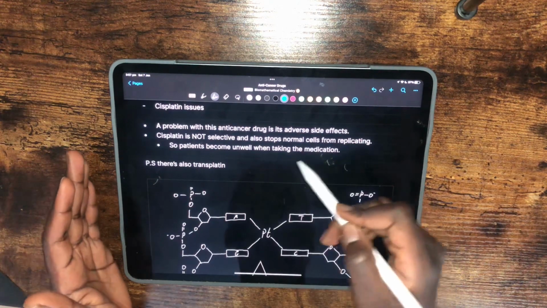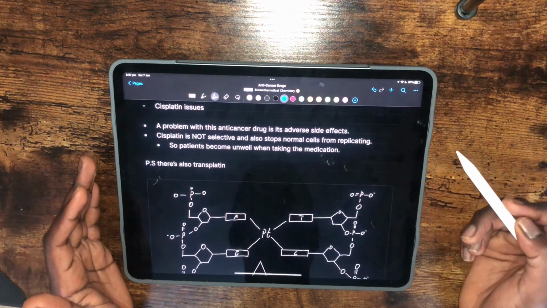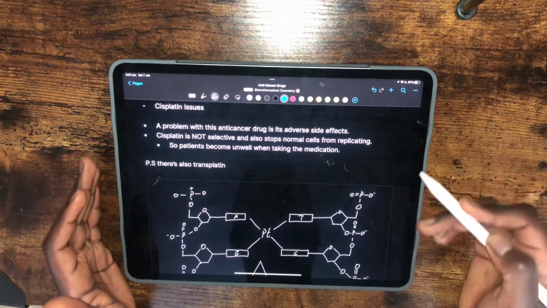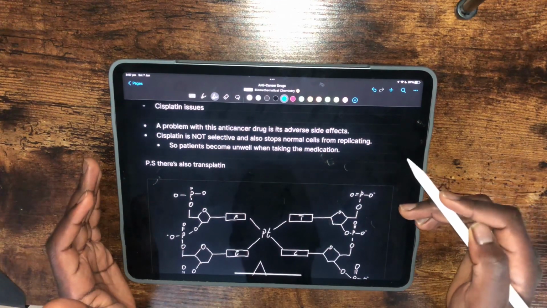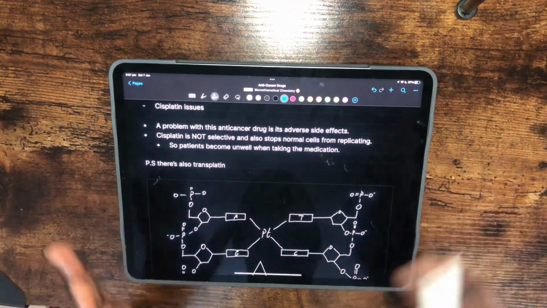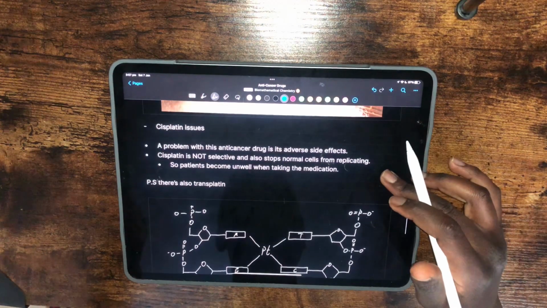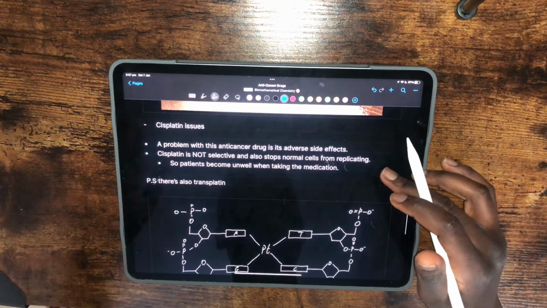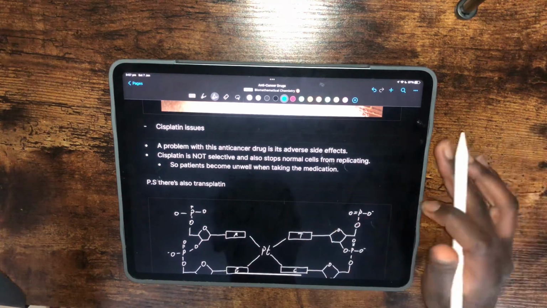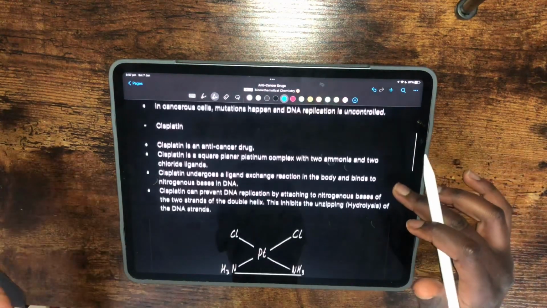I have seen a question like this: what is the problem with cisplatin? It says that it's not selective and it prevents cell replication of normal cells as well. These could be 1 mark questions or 3 mark questions at the most, but usually 1 mark questions like problems with cisplatin or structure of cisplatin.